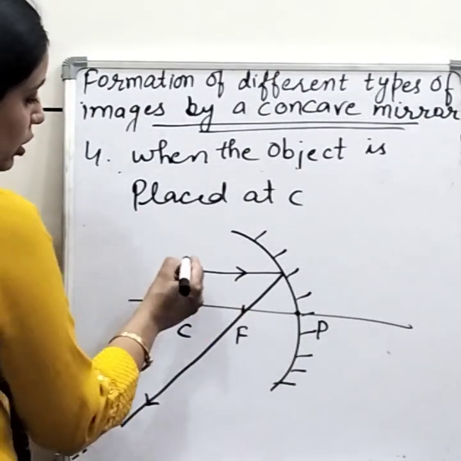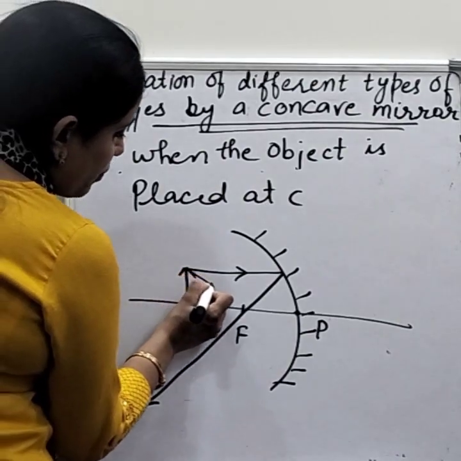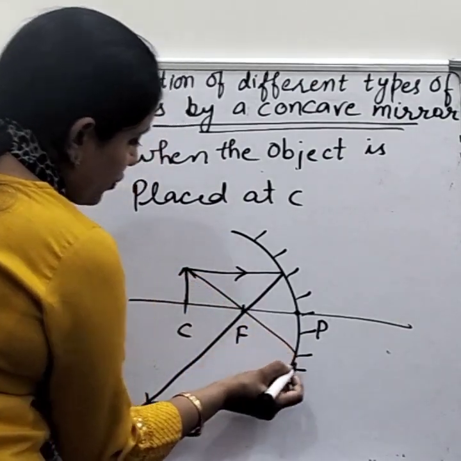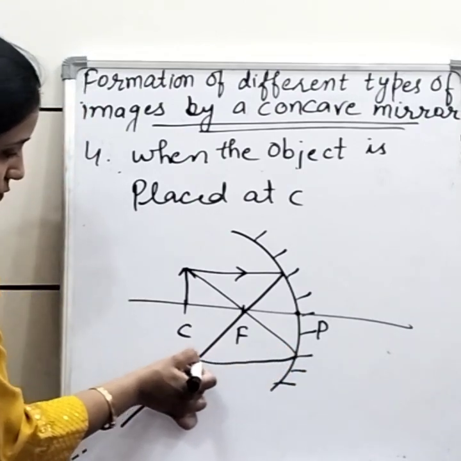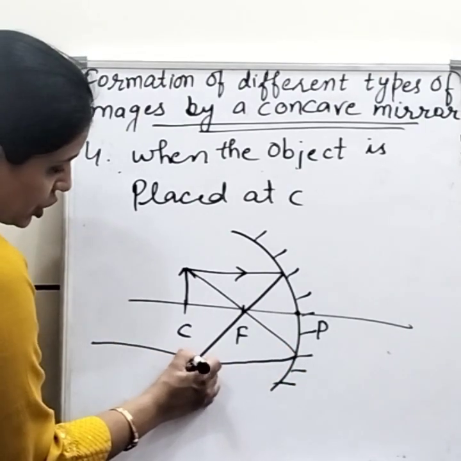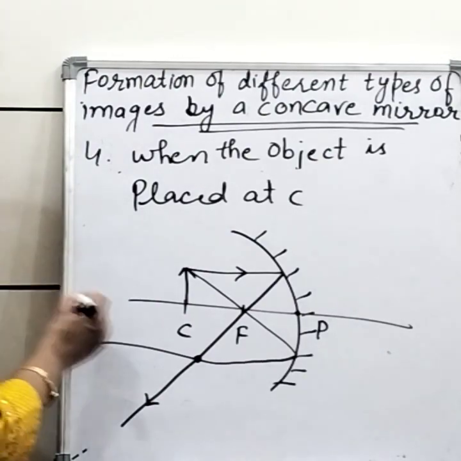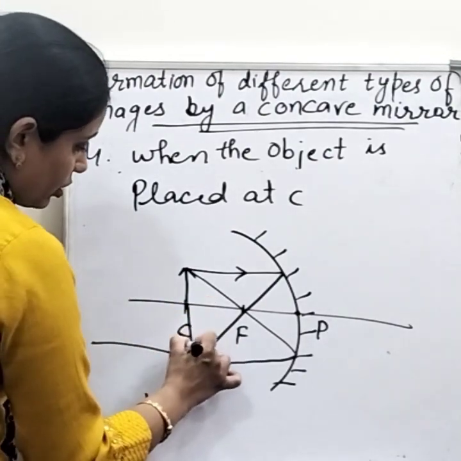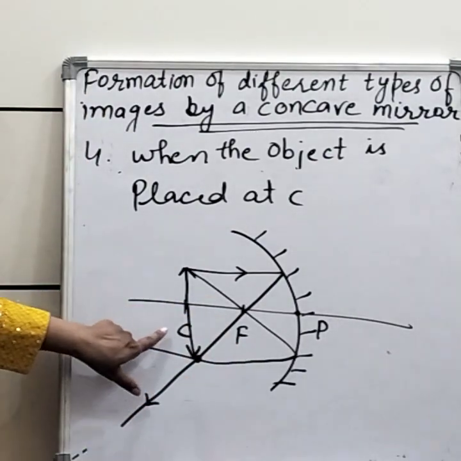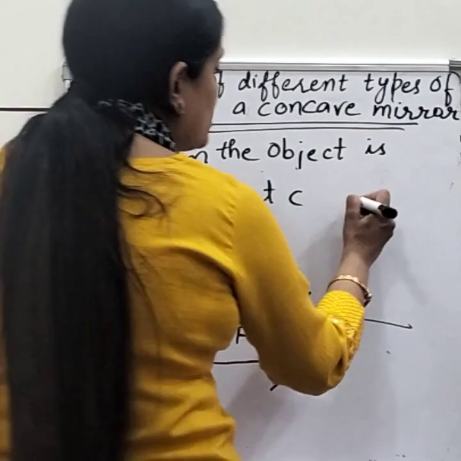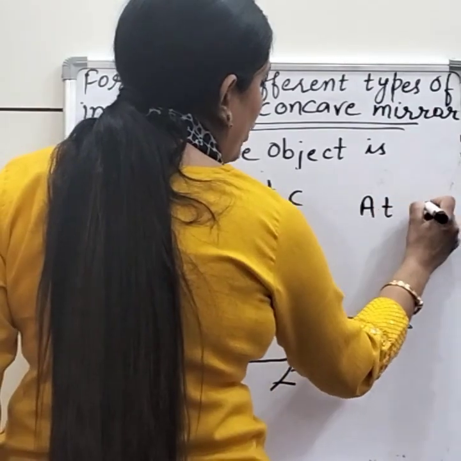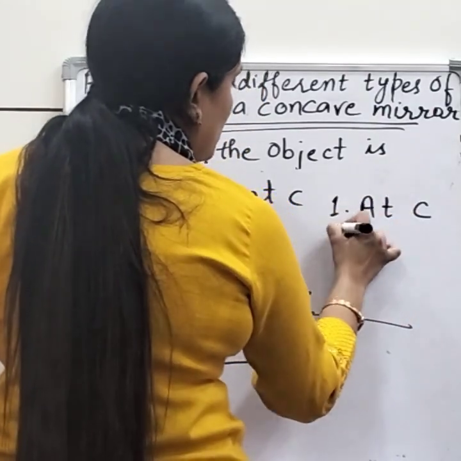And second rule, when the light ray is passing through the focus point, then after reflection it will be parallel to the principal axis. So the rays will meet at this point and the image is formed at point C. When the object is placed at point C, the image is also formed at point C.